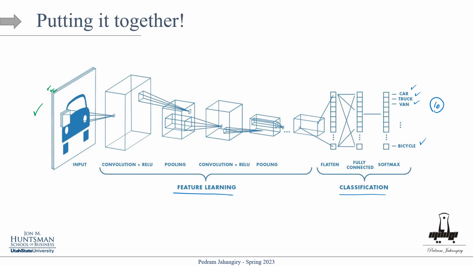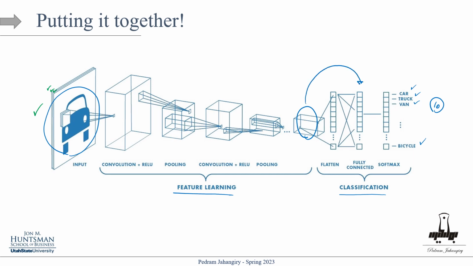So what do we do in the feature learning section? In the feature learning part of the network, the whole point is to take the input image, whatever it is, and turn it into lower dimensional, high level features. So the whole point of these convolutional and pooling layers is to extract those high level features, and then we can pass them to the classification part.